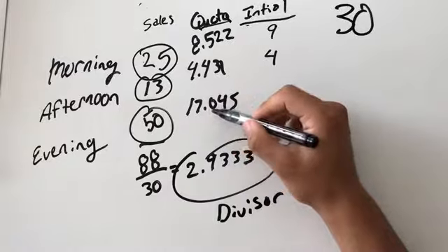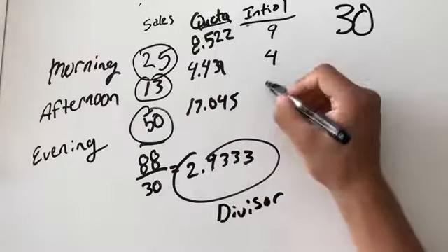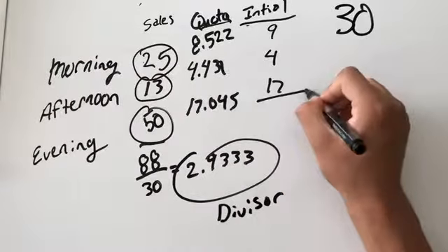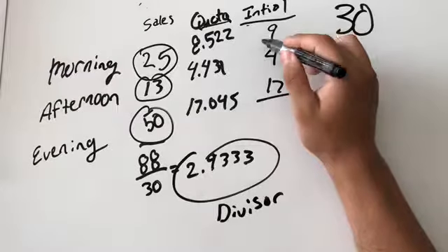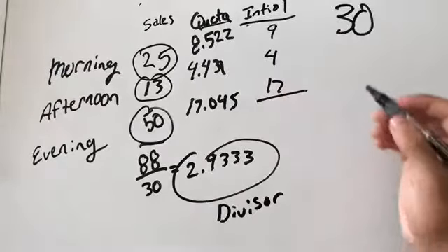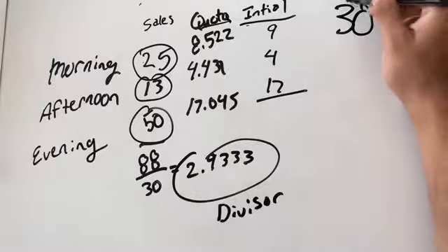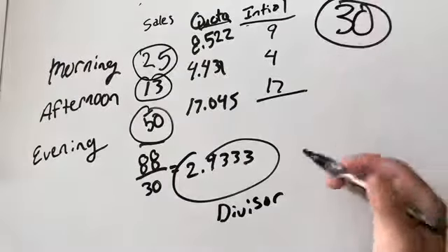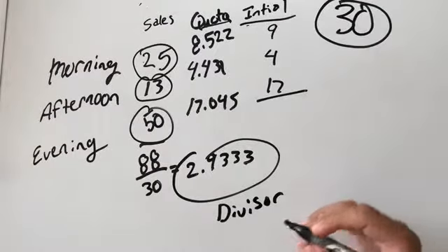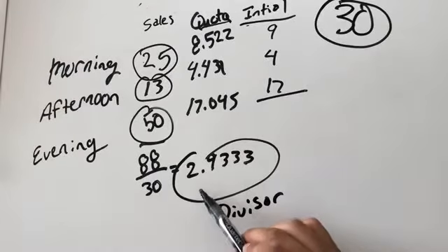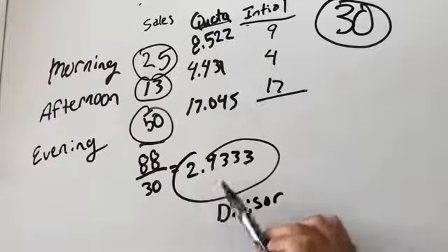And 17.04 will just stay as 17. And we add these up, and it should come out to 30. If it doesn't come out to 30, then we would need to modify the quota and recalculate everything.